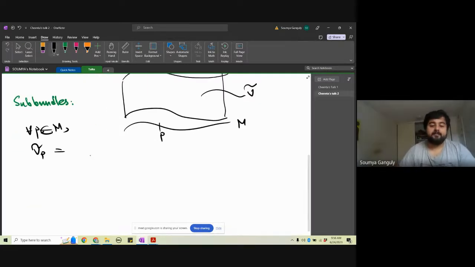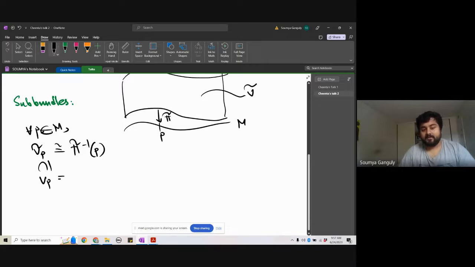So then Vp tilde is nothing but pi inverse of P. For example, there would be a similar projection map, because it's another vector bundle, pi tilde. So pi tilde inverse of P will be a vector space, isomorphic to a vector space. That would be a subspace of Vp, which is pi inverse of P, for every P.